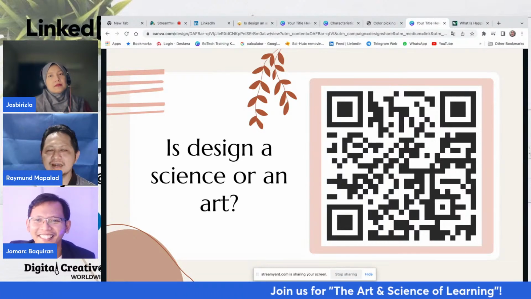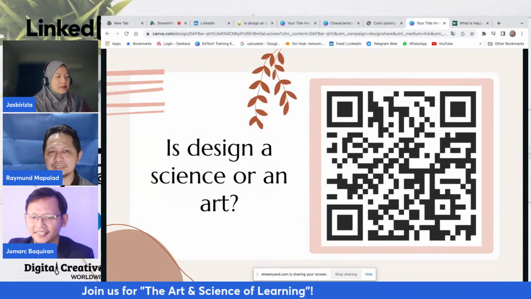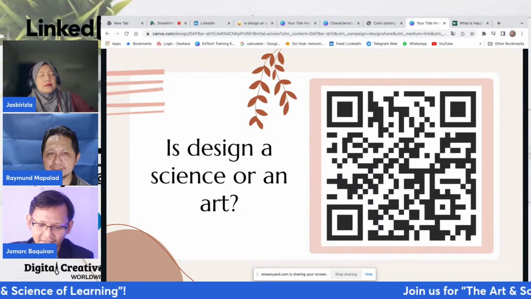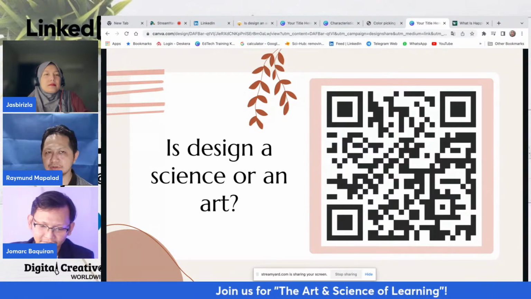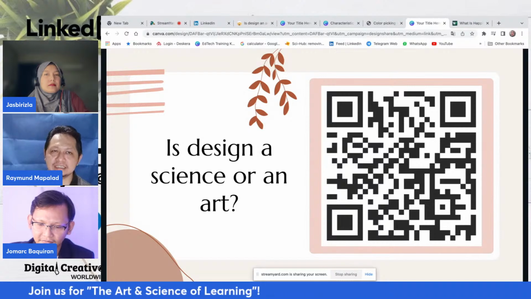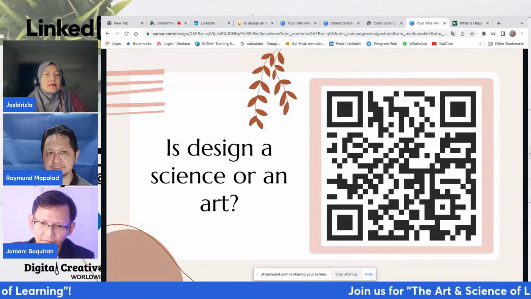For me, based on what I've learned and what I've heard, design is closer to being a science. Even though it's more closely associated with art, I did hear the saying that art is subjective, but design should be universal.